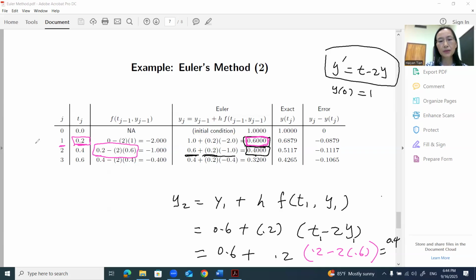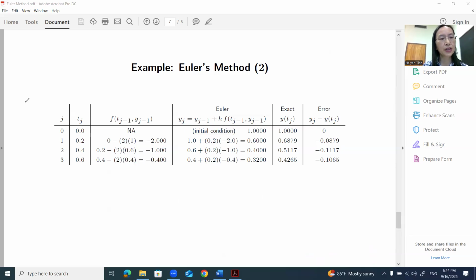So this is how we proceed. You see this table. In order to get y3, you first calculate the right-hand side function at the previous node.